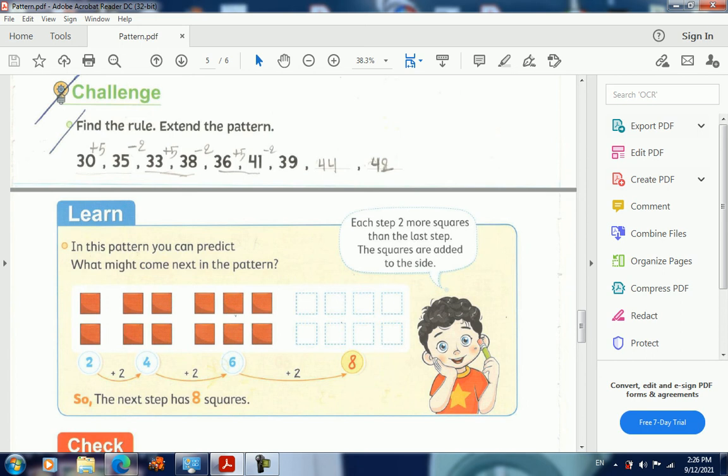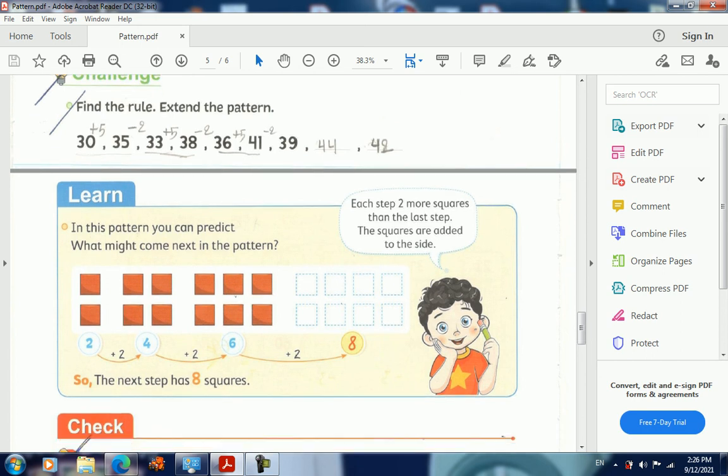And 36 became 41 by adding 5. And 41 became 39 by taking away 2 or by subtracting 2. So the rule here is to add 5, then after I get the result I subtract 2. So 39 plus 5 is 44, and 44 minus 2 is 42.